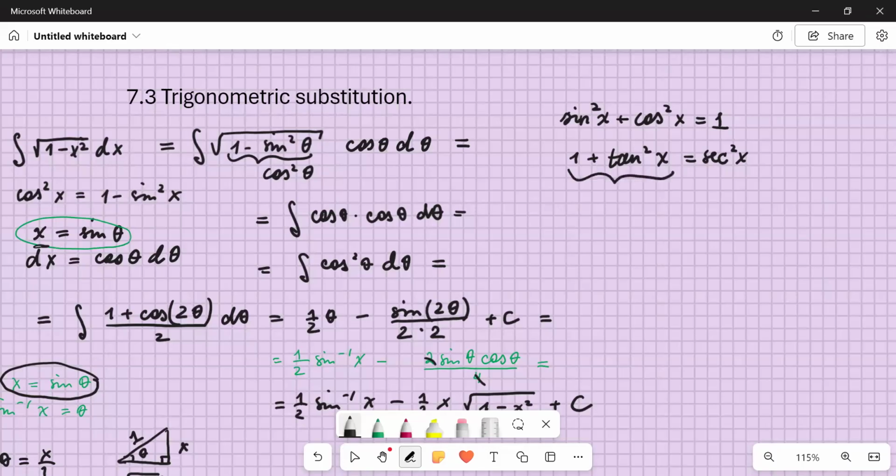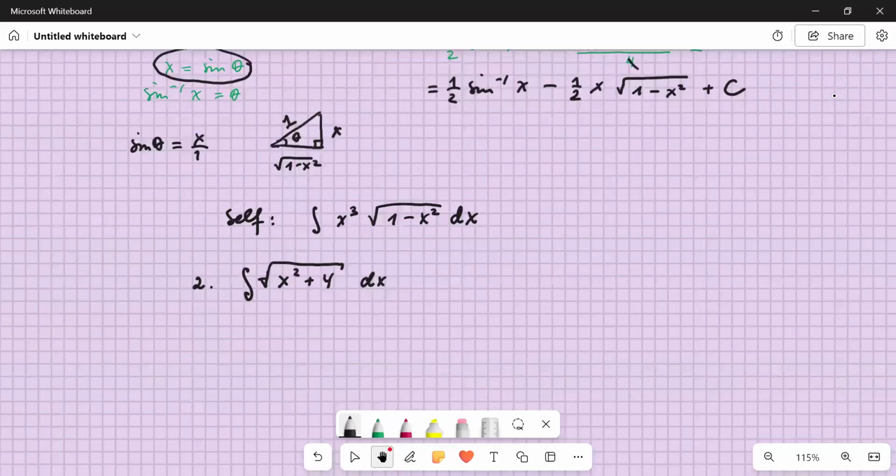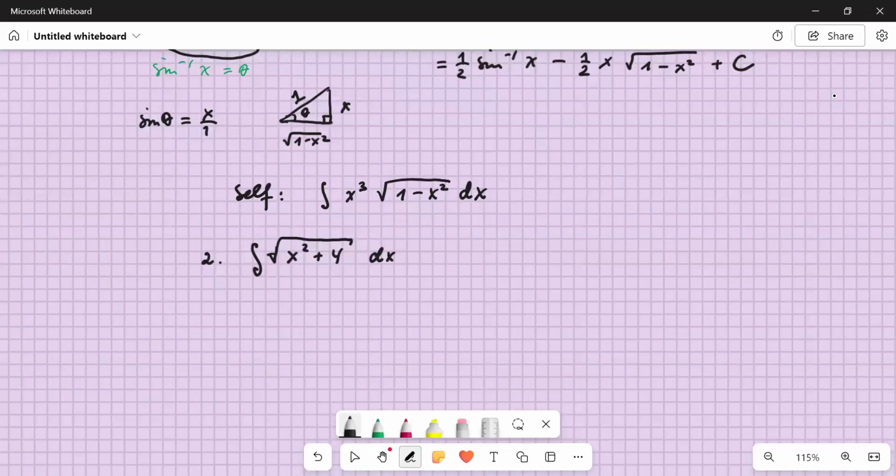That's a sum of 2 terms represented as 1 term, right? So if I compare this expression to my expression with the square root, I probably will use the substitution tangent instead of sine here. Let's imagine that x equals tangent of theta. Now let's do dx. Remember, the derivative of tangent is secant squared of theta d theta, and we are ready to do the conversion.